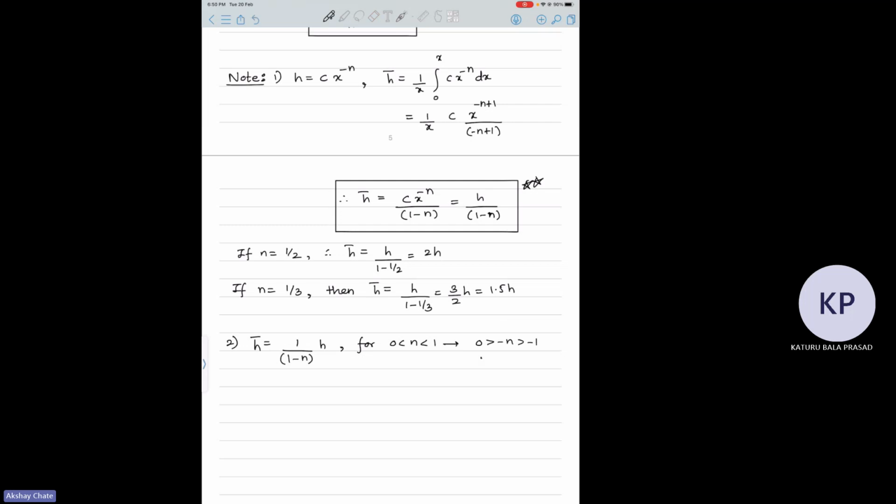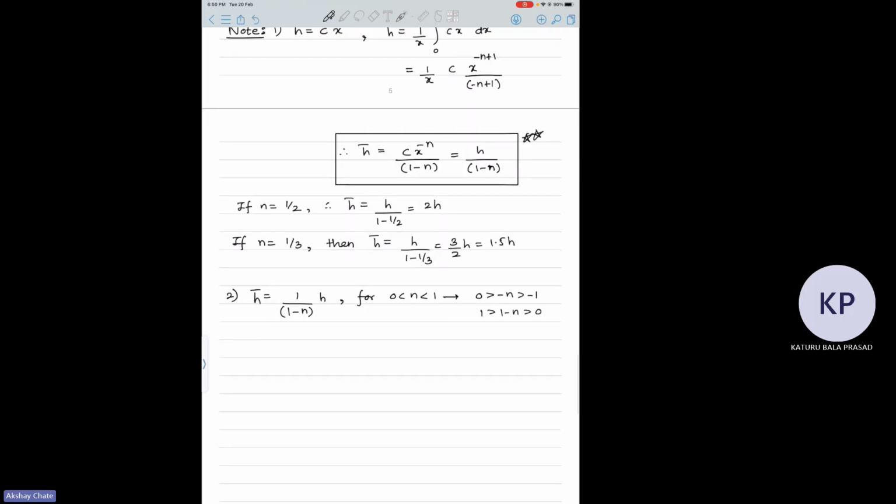Then I add 1, so basically this becomes 1 minus 1, 0. So essentially this numerator is always between 0 and 1. Therefore this whole ratio is nothing but 1 minus n, less than 1.